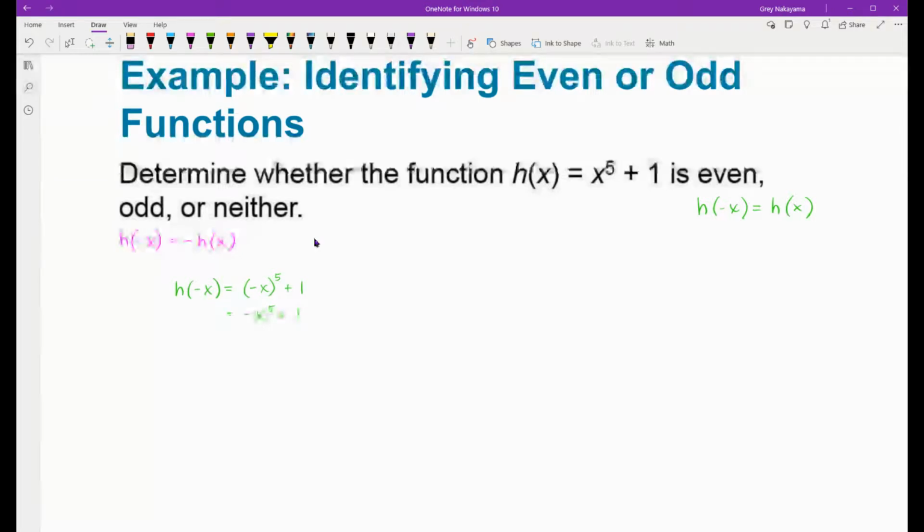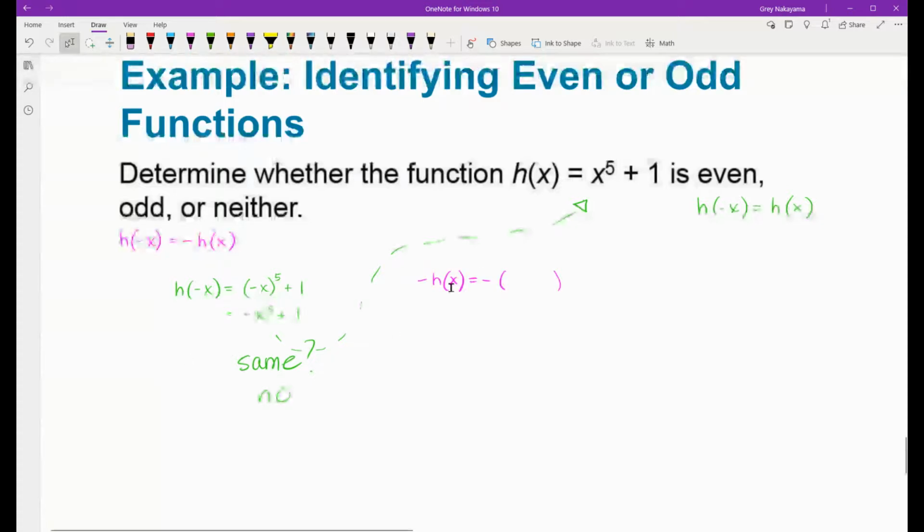So I'm trying to figure out, is this the same thing as that? Well, clearly it's not, because there's a negative sign out front. So is it the same? The answer is no. And so I'm looking, is it the same as that thing over there? And it's not.